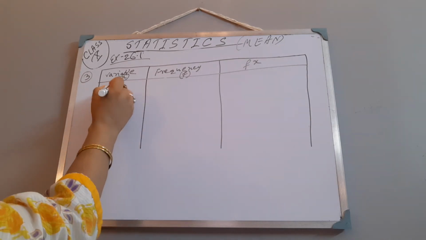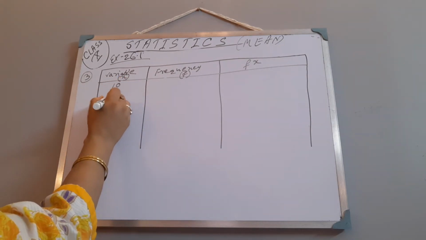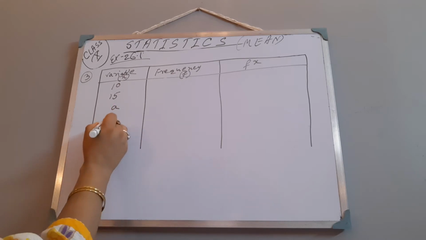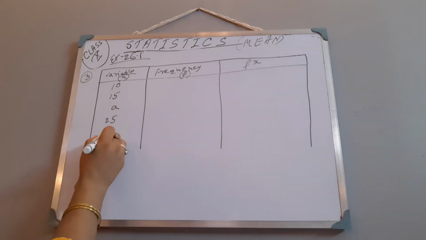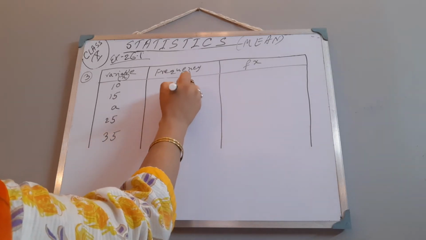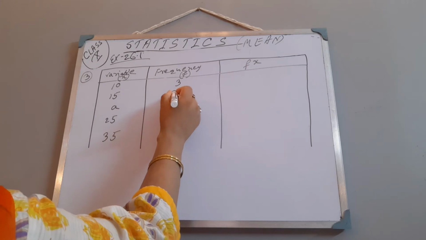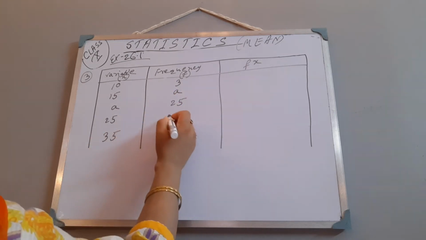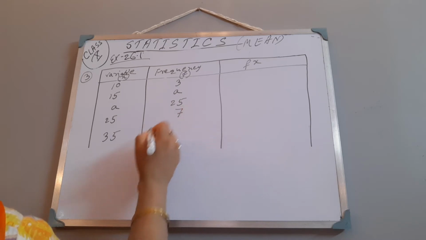What are the variables given? 10, 15, a, 25, 35. Frequency is also given. For 10 it is 3, for 15 it is again a, for a it is 25, for 25 it's 7, and for 35 it's 5.